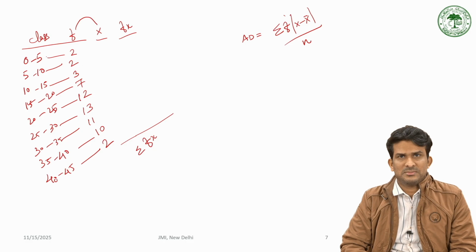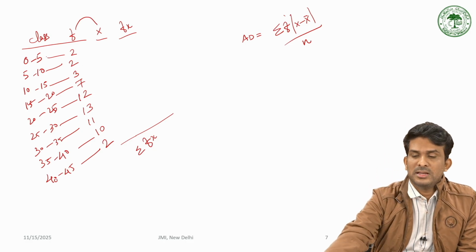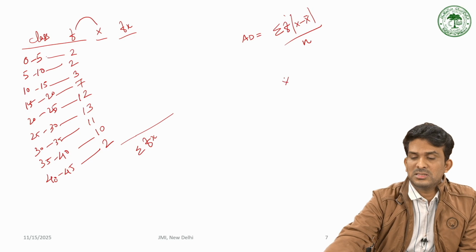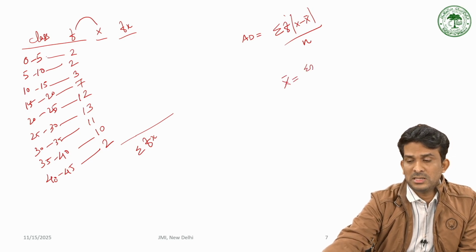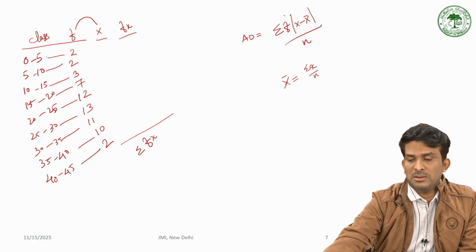Sigma of fx, right? When sigma of fx is given, x bar is to be found out. That is sigma x by n in general, but here it is a frequency distribution, so sigma fx by n.